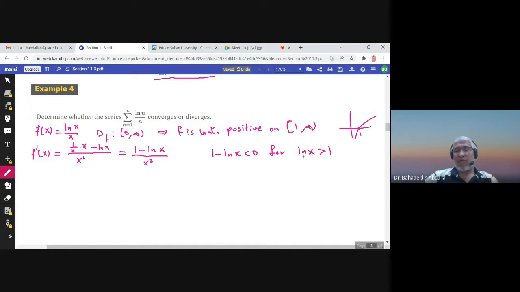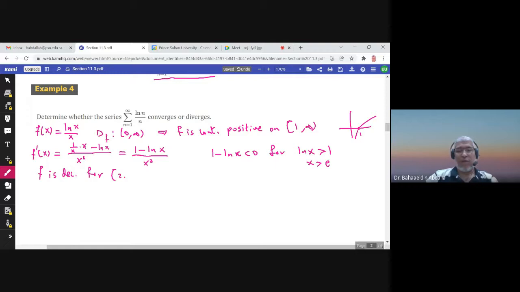If you raise both sides to the base e, x is greater than e to the power 1, or e. So f prime is negative for x greater than e, so f is decreasing from e to infinity.